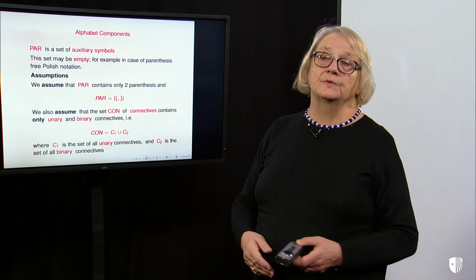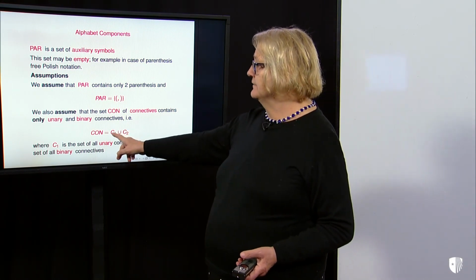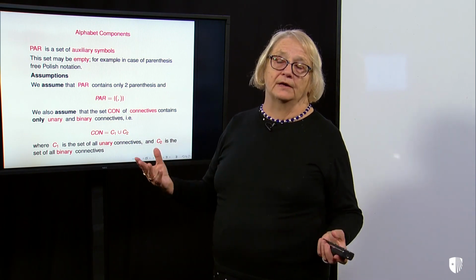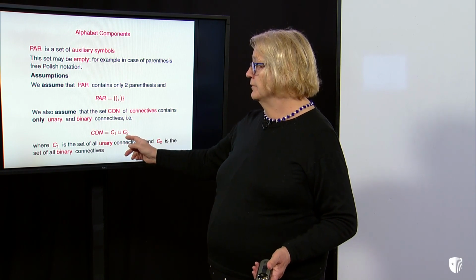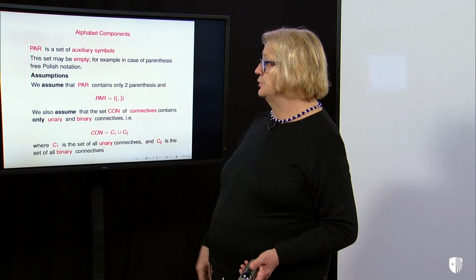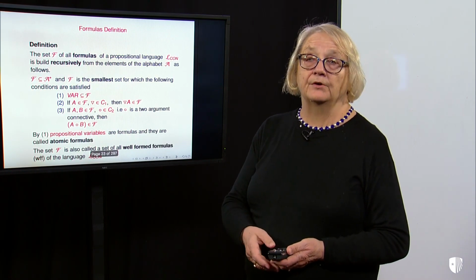We assume that we have only unary and binary connectives. So the connectives form a finite set of two disjoint sets, C1 and C2, where C1 denotes the set of unary and C2 the set of binary connectives.